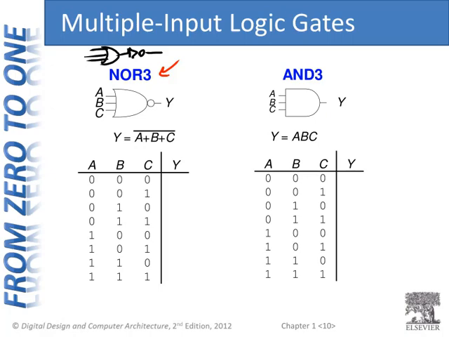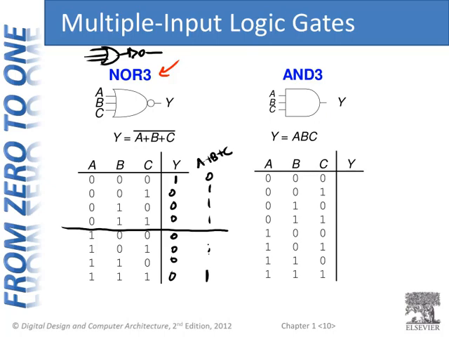So OR, A or B or C, would have been true in all cases but the 0, 0, 0 case. So all of the other cases would have been 1. And sometimes in these tables I'll put a line here to keep alignment. So the NOR gate is the opposite of that. It's only true in the 0, 0, 0 case. All other cases are false.